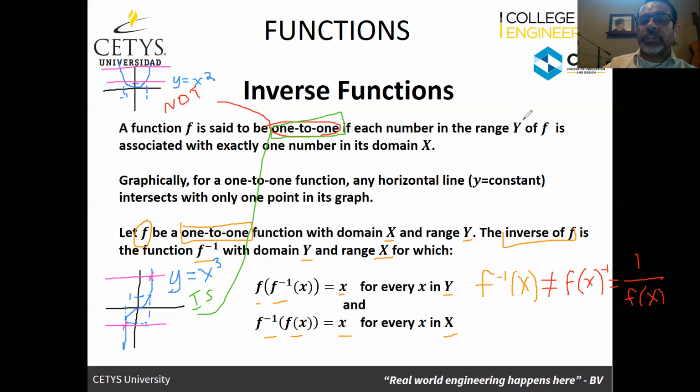So the orange is the inverse. This is called the inverse of a function. And what I wrote here in red, which is f of x to the -1, this is called the reciprocal, which is basically dividing by 1.